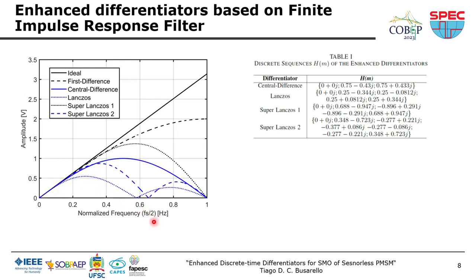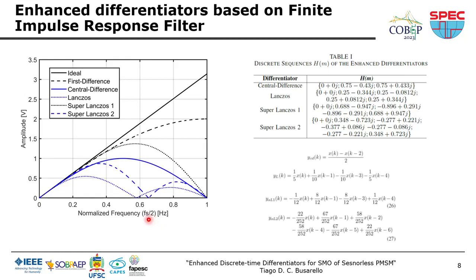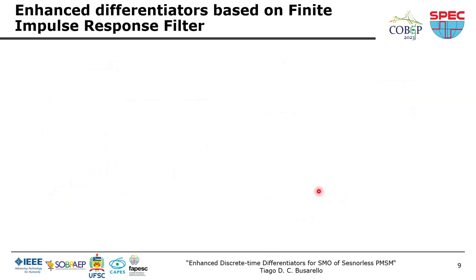But of course, if we need, we can increase the sampling frequency. If you take a look here, the functions that describe these curves are sampled at a number of points, and by computing the inverse Fourier transform, we can get all the different equations of the differentiators that we are proposing in this paper.